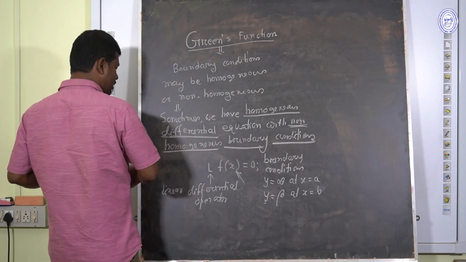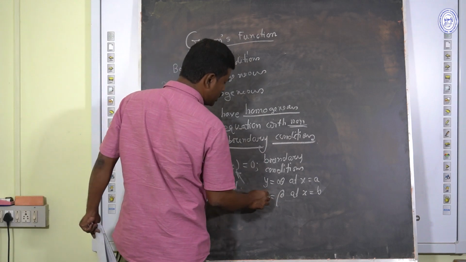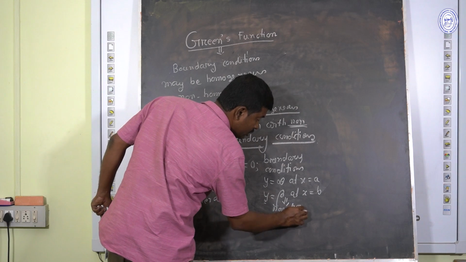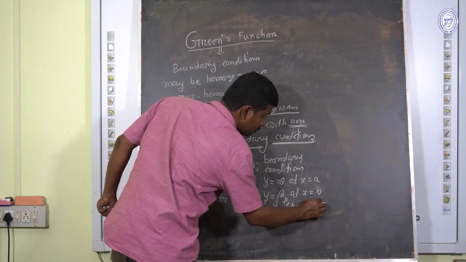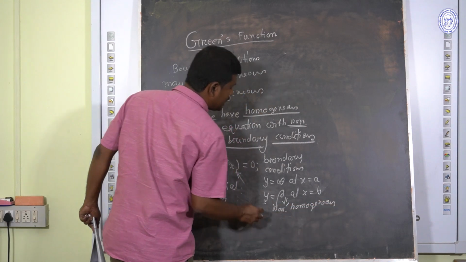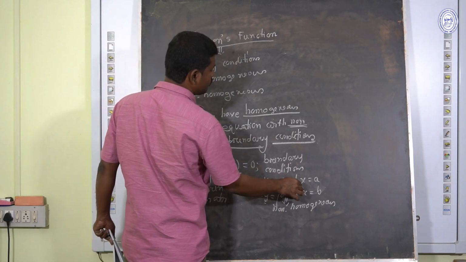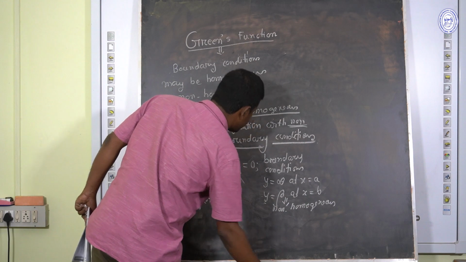This boundary condition is non-homogeneous because the value of the dependent variable is non-zero at a particular point of the independent variable.